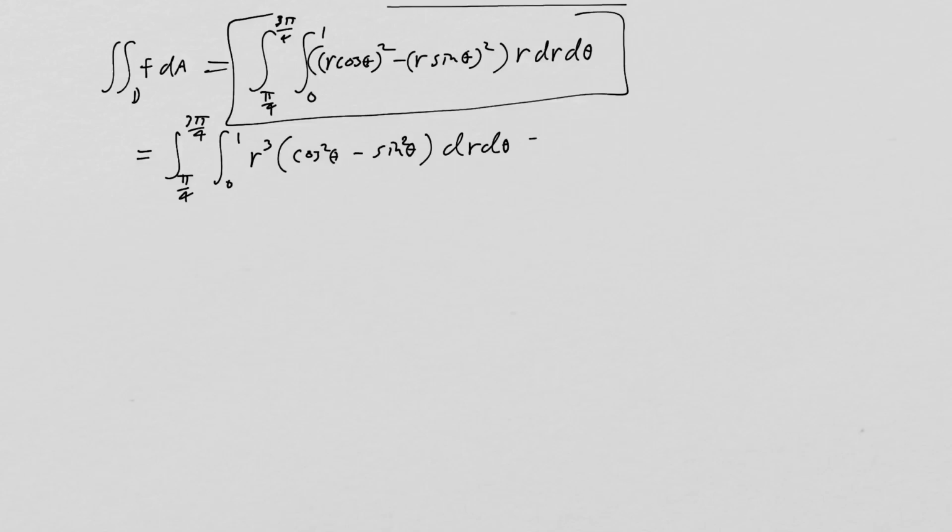And that's just by factoring out all of the r variables into their component. All right, so from here I can actually compute the r integral. Of course, this is basically a fixed constant in the r integral. And we're going to get the following.